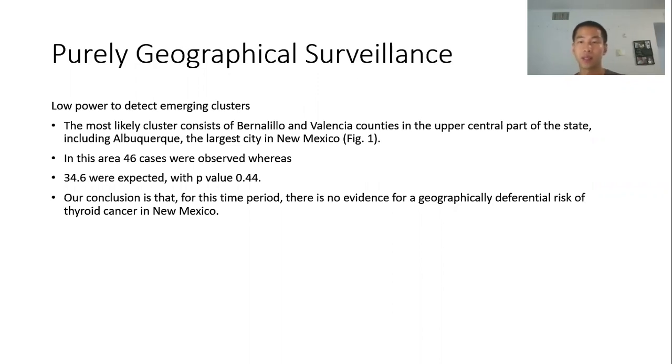So here comes the first problem of pure spatial analysis: it has no power to detect emerging clusters. In the counties we just mentioned, 46 cases were observed, while 34.6 were expected. However, the p-value is 0.44, as we just mentioned. So we conclude that for that time period, there is no evidence for geographical differential risk.